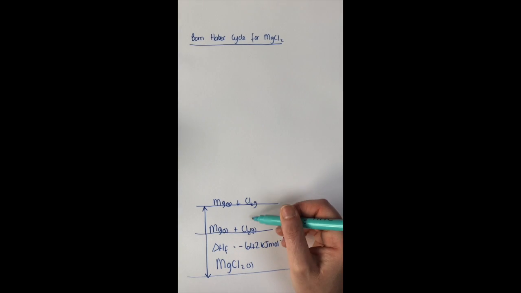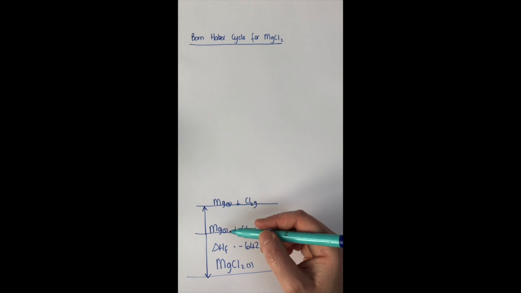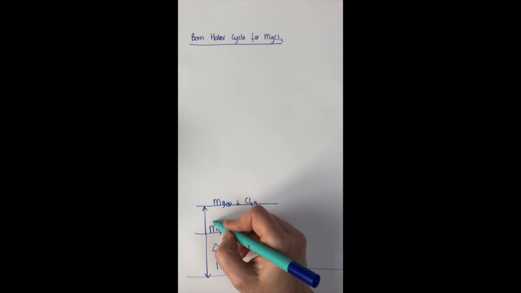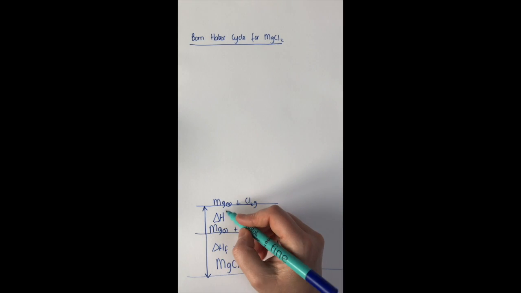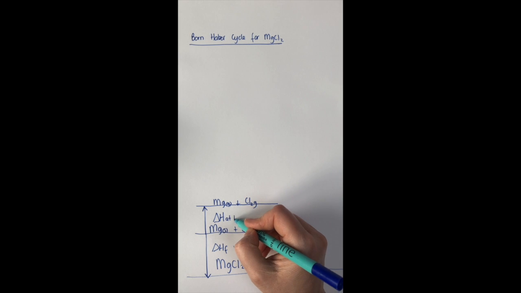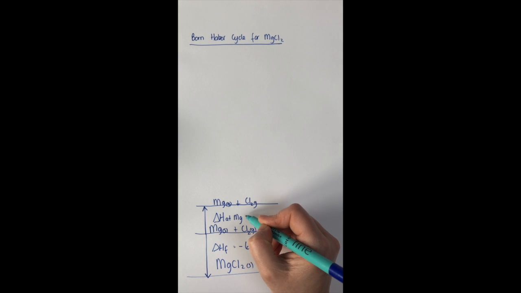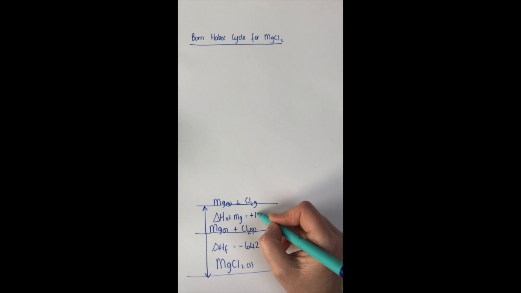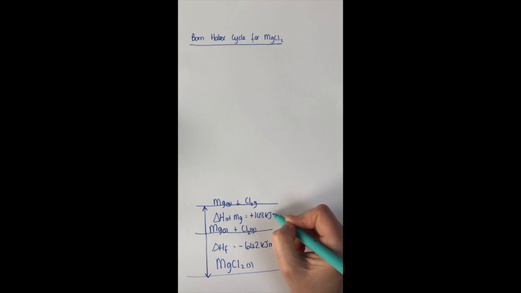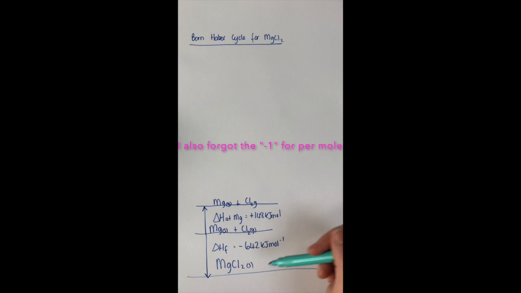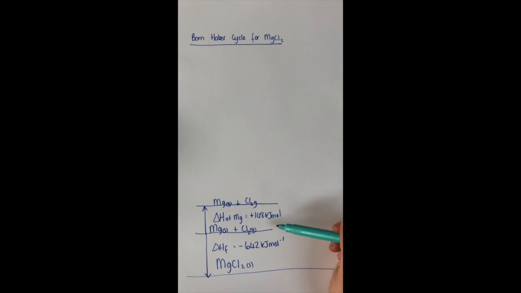So it's 2 chlorine, so it's Cl2 for chlorine gas. And that there is the delta H for atomization of magnesium, and that has a value of positive 148 kilojoules per mole.